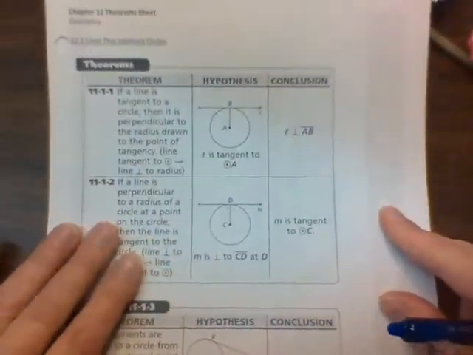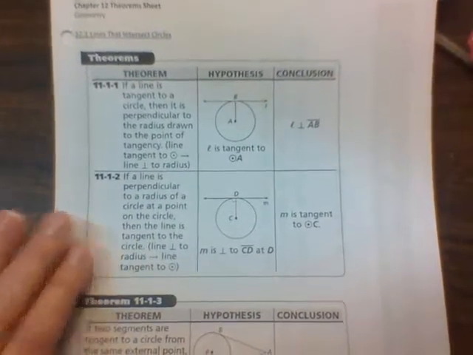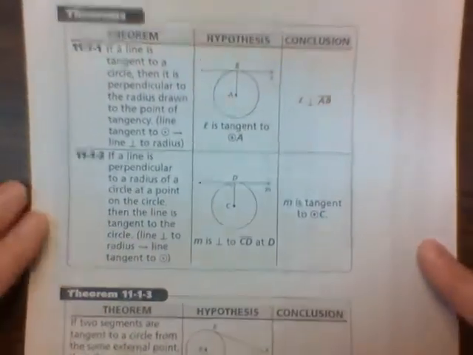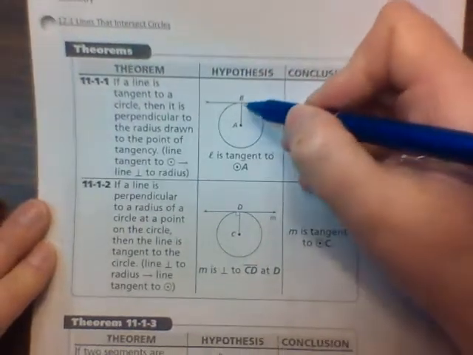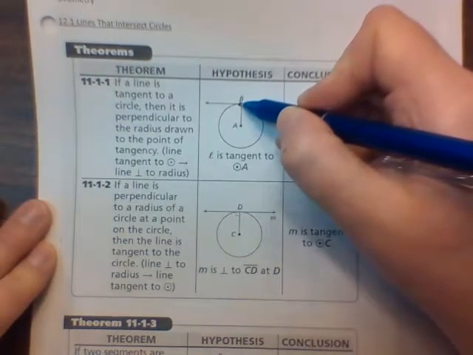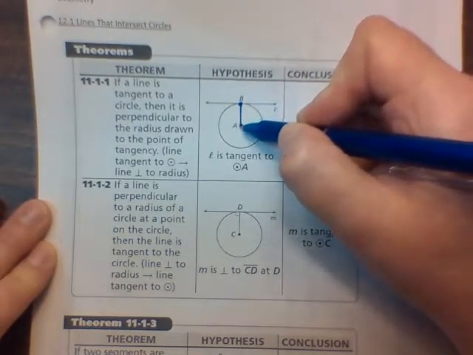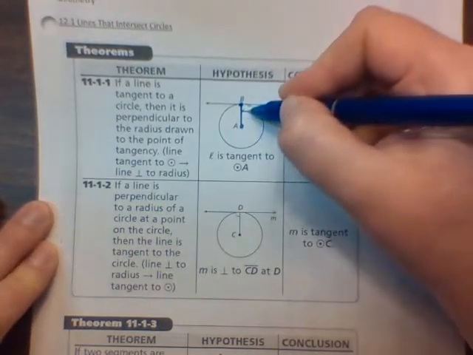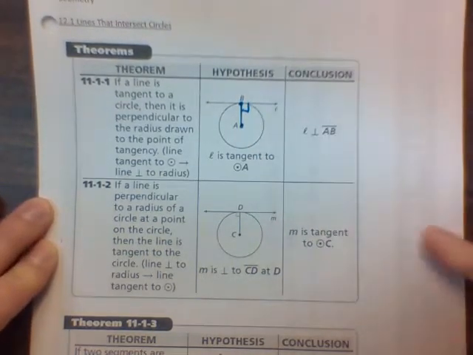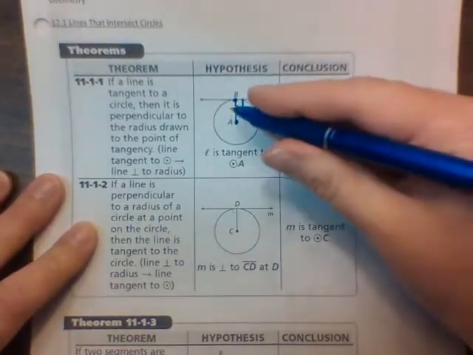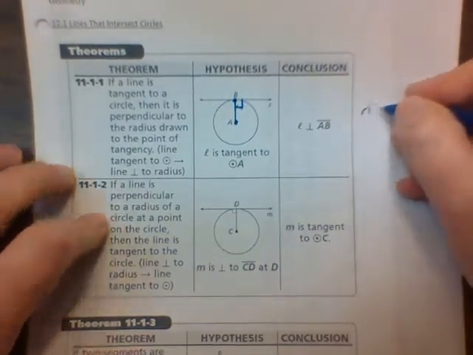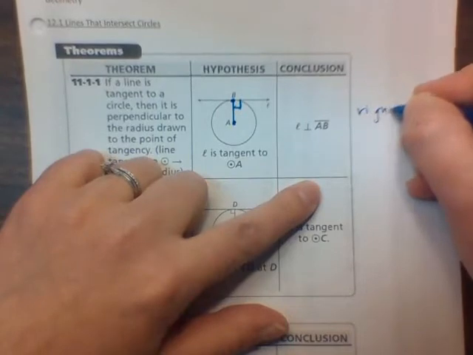So if we take a look at the theorems that you are supposed to know for this, it turns out that tangents have, other than a special idea of meeting at one point, if you draw the radius from that point of tangency, you actually make something that meets at 90 degrees, which is super helpful because anything that meets at 90 degrees could then lead to right triangles.